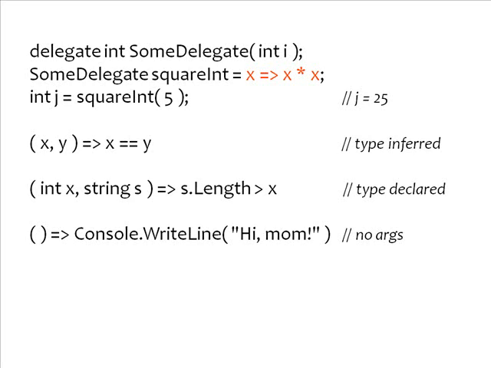And I'm going to write it, as I show here in red, as a lambda expression. So I'm going to write x goes to x times x. So compiler, go write a function that says I take an int and I return that value times itself. So if I call squareInt on 5, I expect the result j is going to be 25.